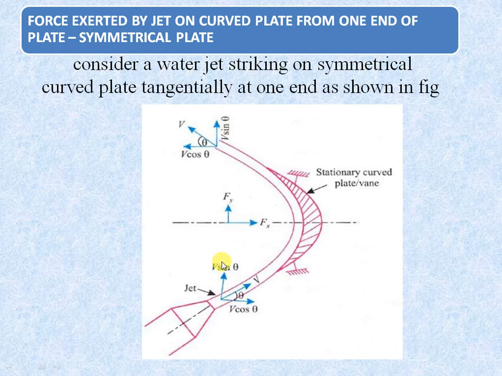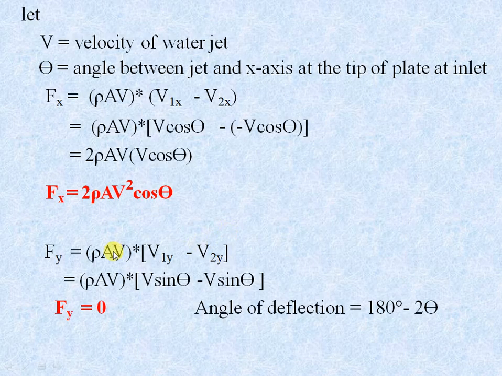Our assumption is that we are considering the vertical force as a positive force. So rho a v into v1y minus v2y. So rho a v into v sin theta minus, already it has the positive sign, so minus v sin theta. So the result is 0, so the Fy force is 0 in this case.